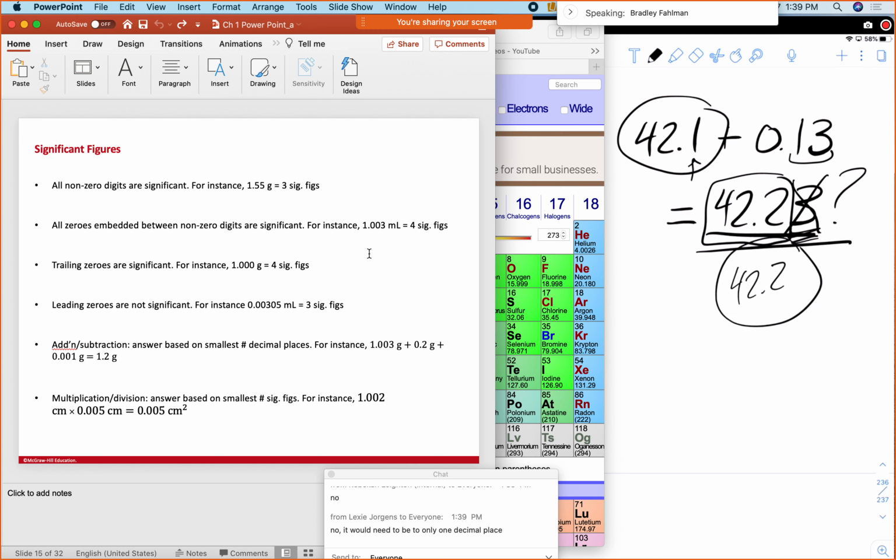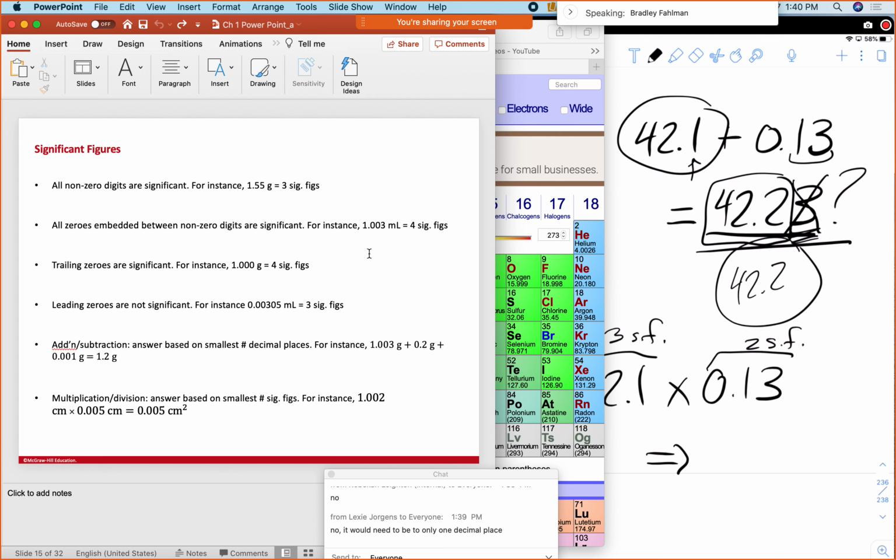If these were being multiplied, so 42.1 times 0.13, now it's all about sig figs, right? That has 2, that has 3, so your answer should be to 2.